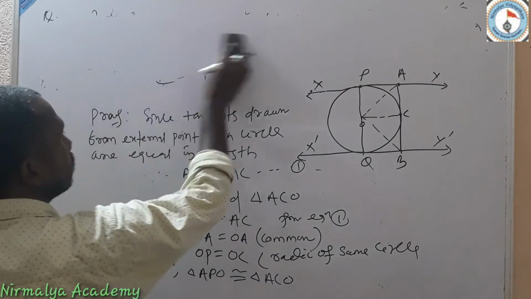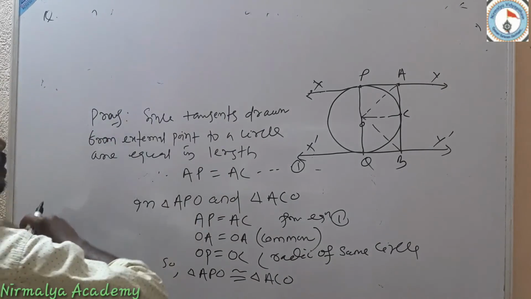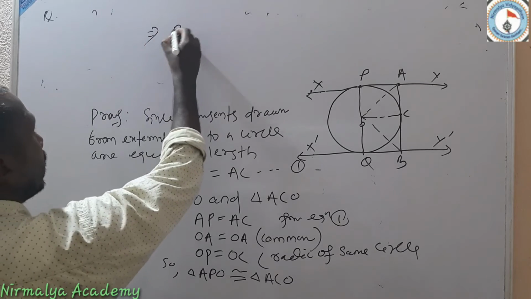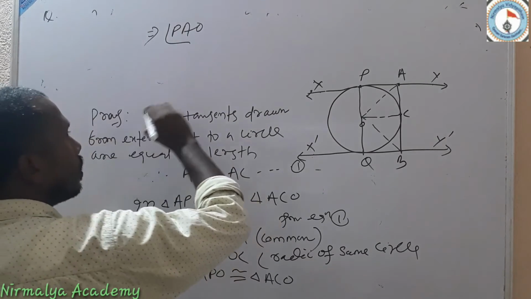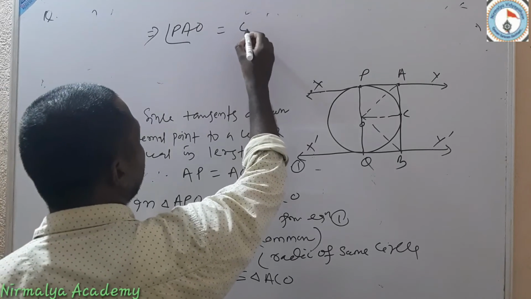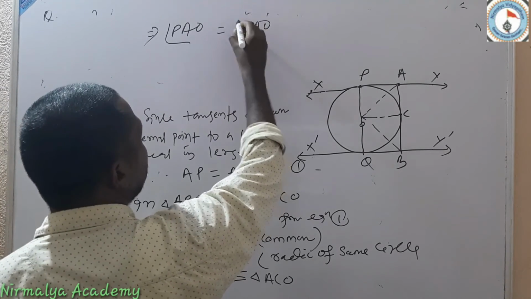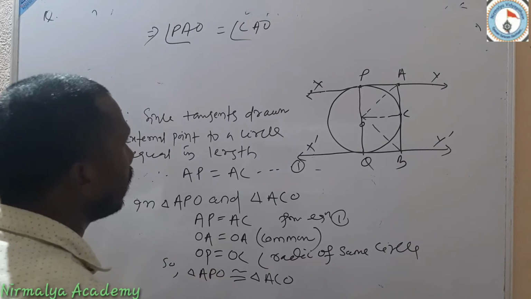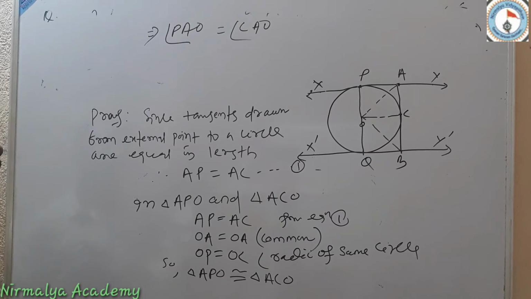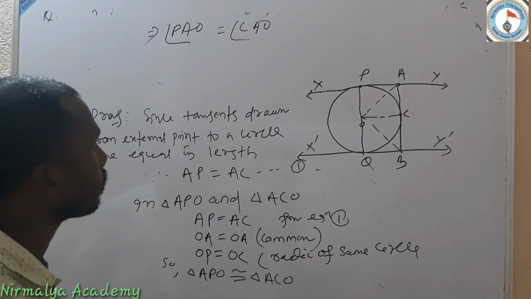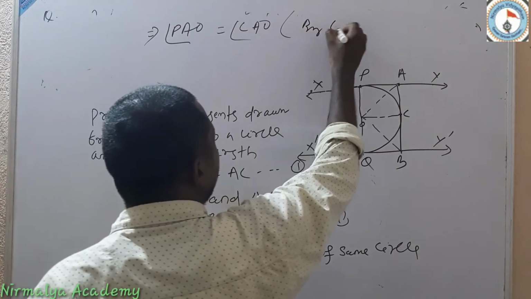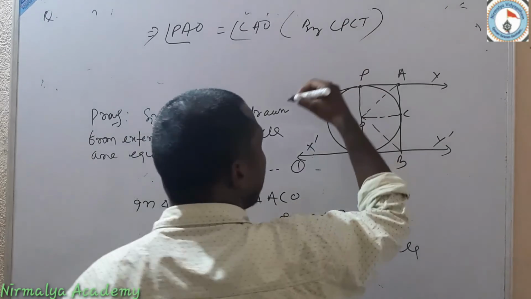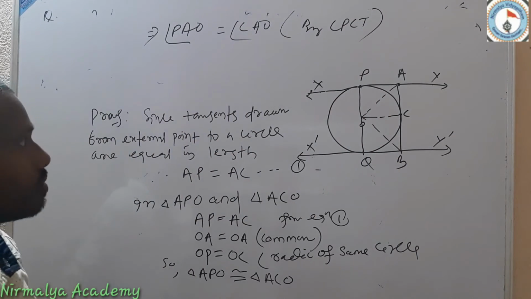That implies angle PAO equal angle CAO, or it can be written as angle OAP equal angle OAC. So this is by CPCT, corresponding parts of congruent triangles.